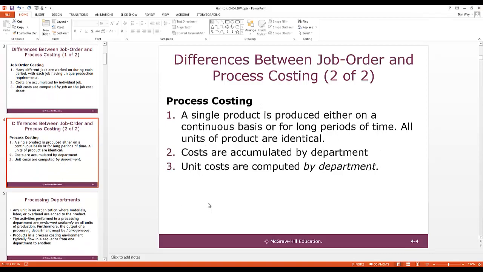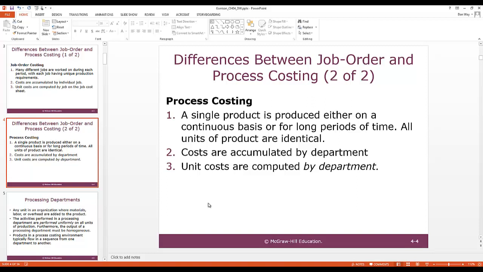However, in Chapter 4 in our process costing system, really we're assuming a single product is being made either on some kind of continuous basis or at least for long periods of time. In this particular product, all units are basically identical. So we often think of process costing systems related to things like soda production, Coca-Cola, right? They're making a whole bunch of 2-liter bottles of Coke Zero Sugar.